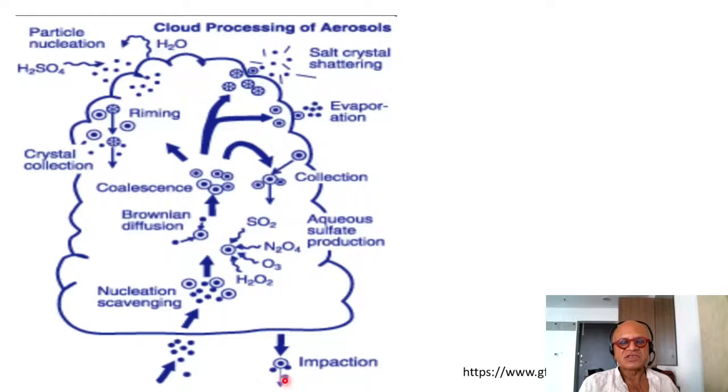So you can see there are processes like impaction, nucleation scavenging, aqueous sulfate production, Brownian diffusion, coalescence, collection, evaporation, of course, salt crystal shattering, particle nucleation, crystal collection, riming, and so on and so forth. These are all known from observations and lab experiments and fundamental understanding.